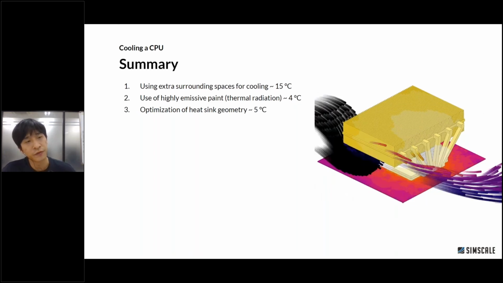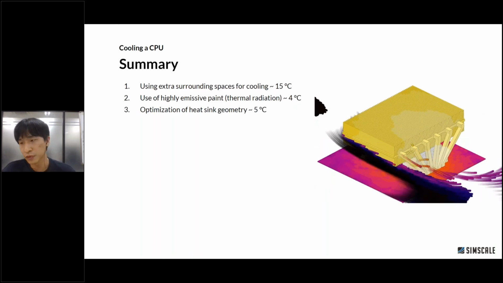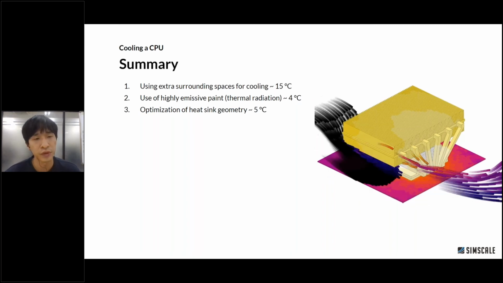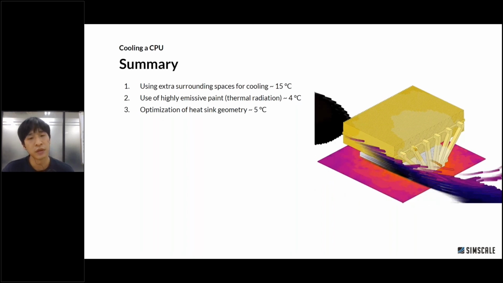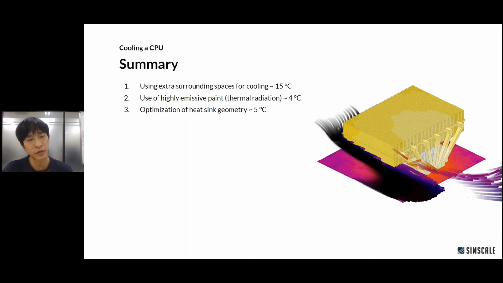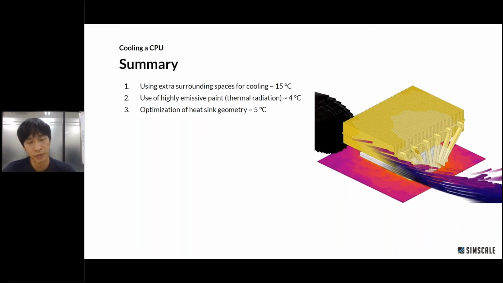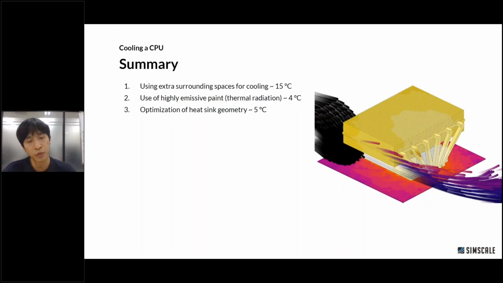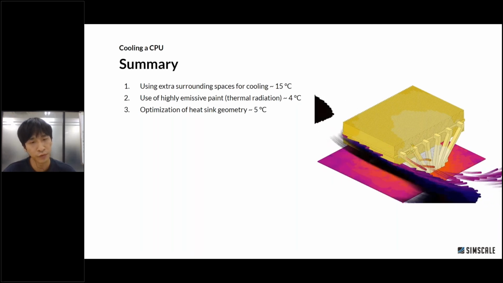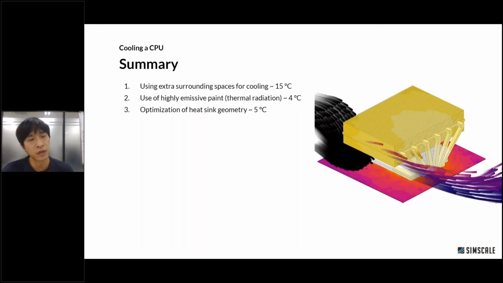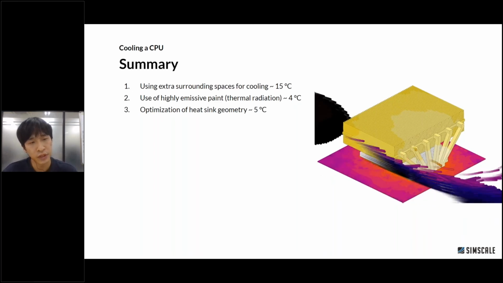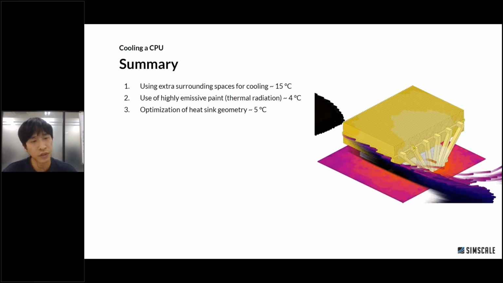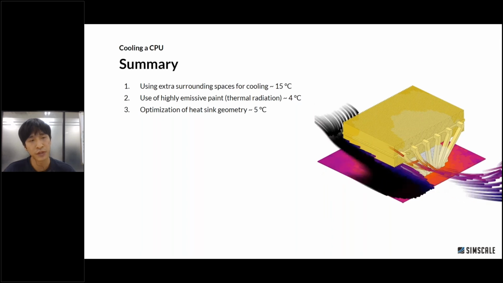our concept of using extra surrounding spaces for cooling accounts for a decrease of about 15 Celsius degrees in CPU temperature, and the use of highly emissive paint further accounts for a decrease of 4 Celsius degrees, and the optimization of heatsink geometry further decreases the temperature by 5 Celsius degrees.